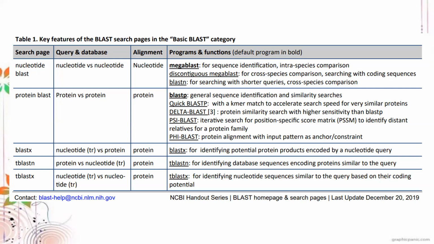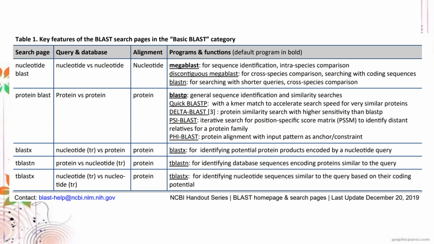PSI-BLAST is an iterative search using position-specific score matrices to identify distant relatives for protein families. So you want to find distantly related sequences, or you have protein families, proteins that do not really have a good alignment, so you have low identities there. You have PHI-BLAST on the other hand.